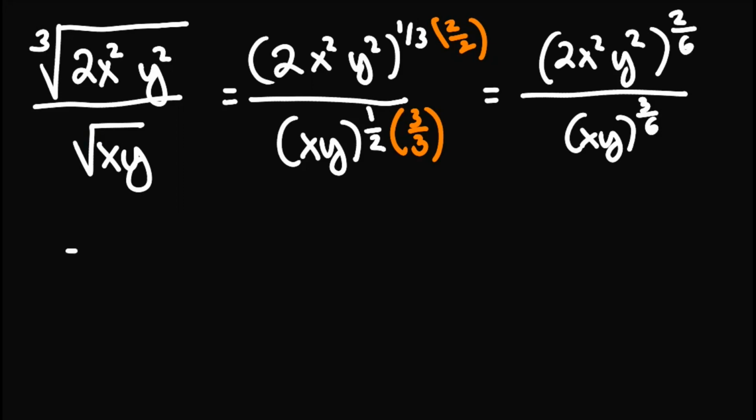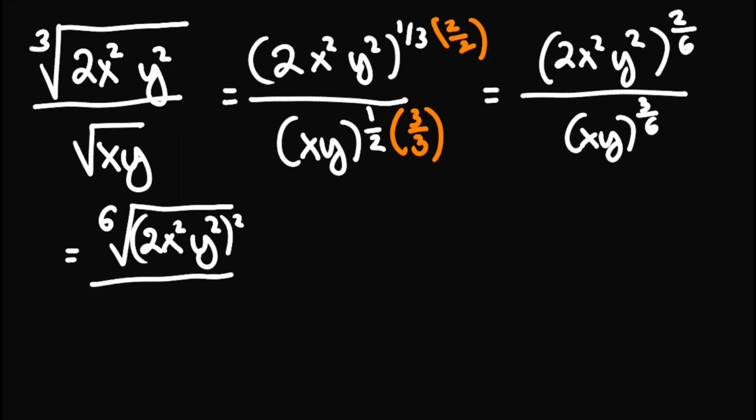And so going back in the radical form, this one now is the 6th root of 2x squared y squared, and we square that one, all over the 6th root of xy cubed. So since we have already the same indices, we can now combine them.